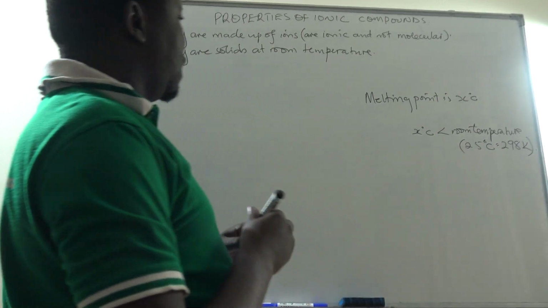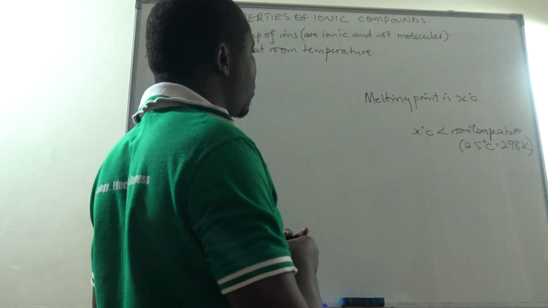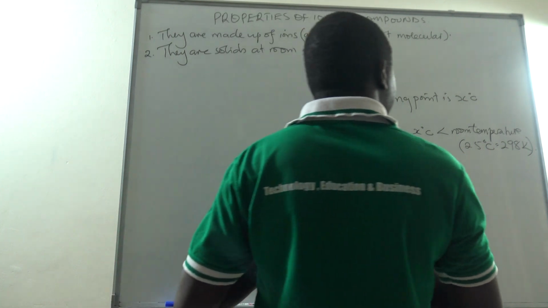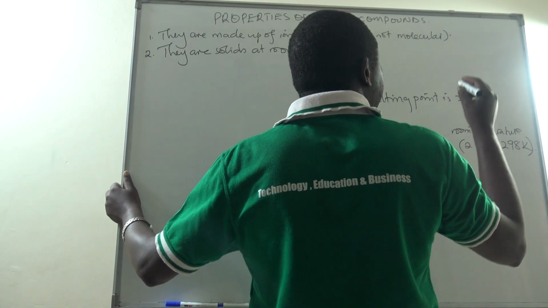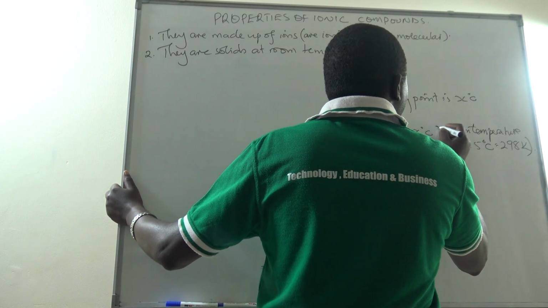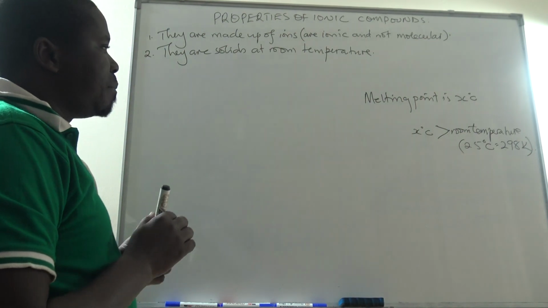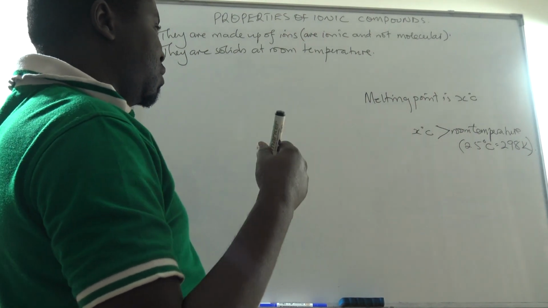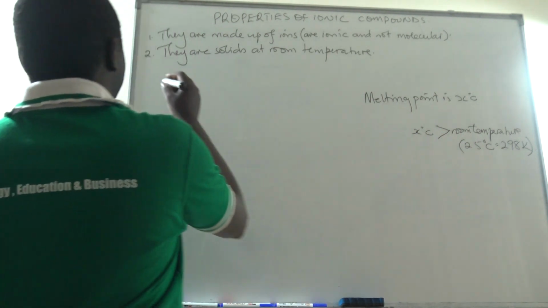So these ionic compounds are solids at room temperature, and in this case you find that they do not melt at room temperature, but they melt at a temperature which is above the room temperature. So at room temperature they are still solids. In fact, they are solids at room temperature.